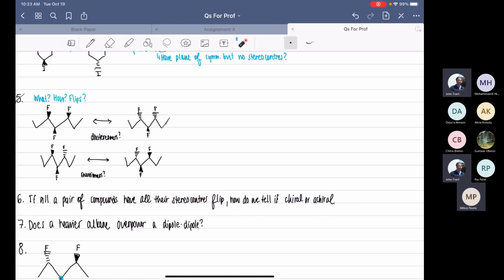If all the stereocenters flip and the molecule is superimposable, what you're basically saying is you have a mirror image. And if it's superimposable, it's the same molecule, and if it's the same molecule, it's achiral. The molecule doesn't have an enantiomer.